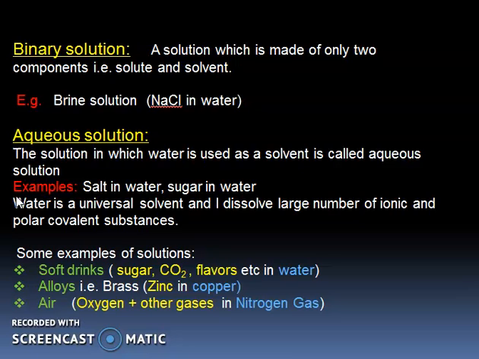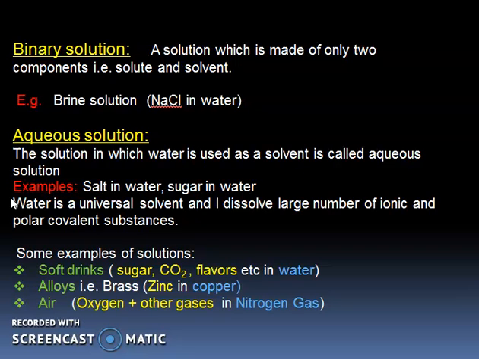These solutes in water make the solution of a soft drink. Another example is alloys. Alloys are basically a mixture of two metals. An example of an alloy is brass, where zinc is the solute and copper is the solvent.